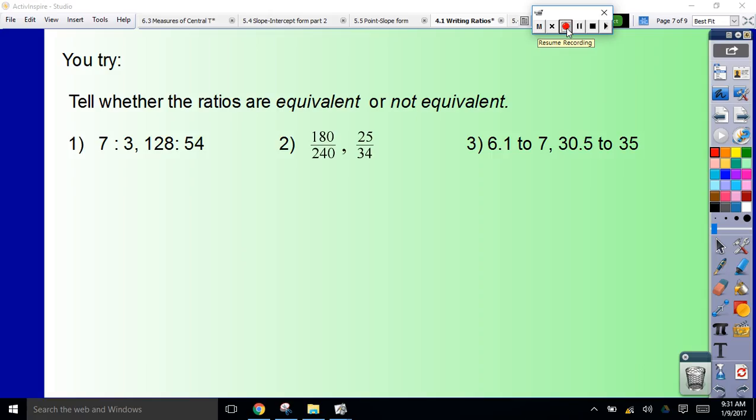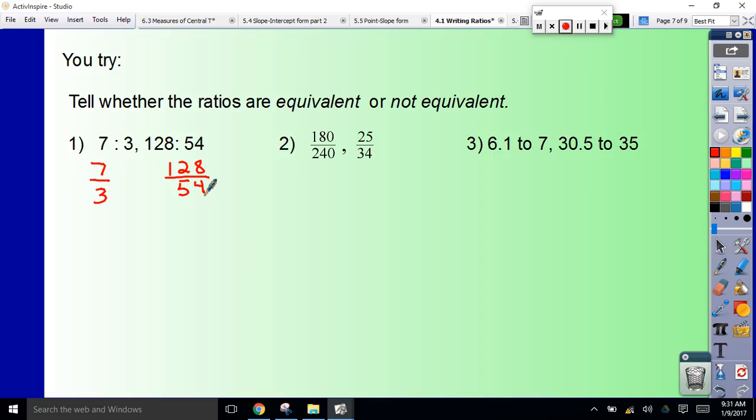Okay, number 1, Halen. How would I rewrite these as fractions first? 7 over 3. Good. And is it 12 over 8? Oh, it's 5 over 4. Good. It's probably easiest if you rewrite them as fractions first so you remember what to divide.